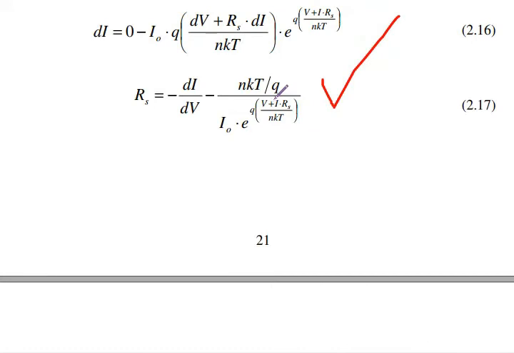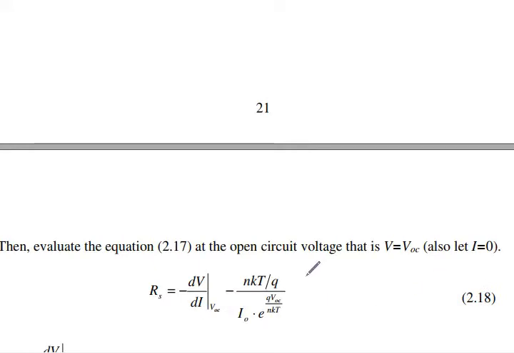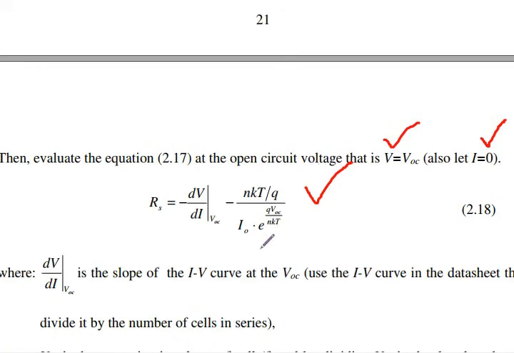In that case the current I will be 0, so this term will be neglected, and it simplifies to this relationship when the current flowing through this cell is 0.